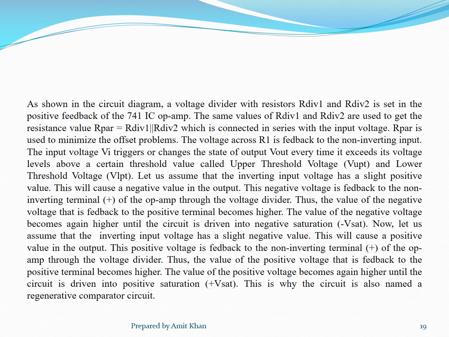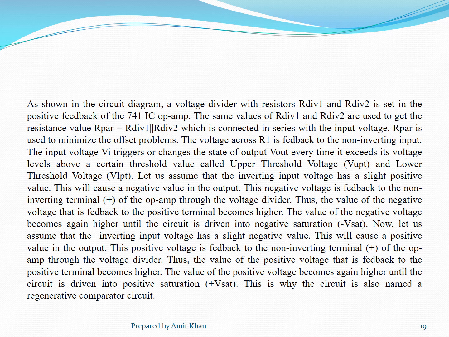So the voltage across R1 is fed back to the non-inverting input. The input voltage V_in triggers or changes the state of output V_out every time it exceeds certain threshold values. That is called the upper threshold value and the lower threshold value.